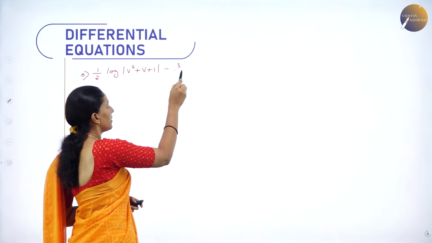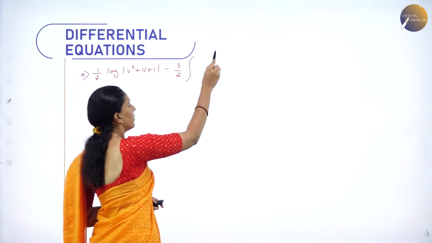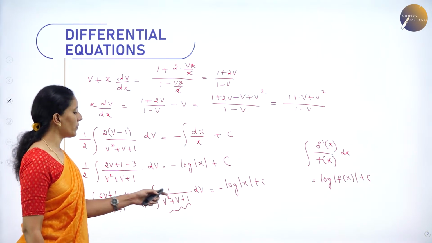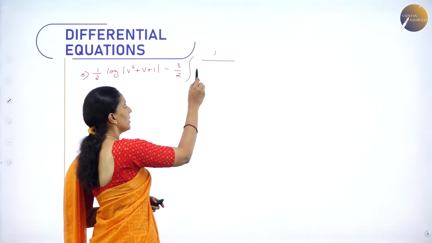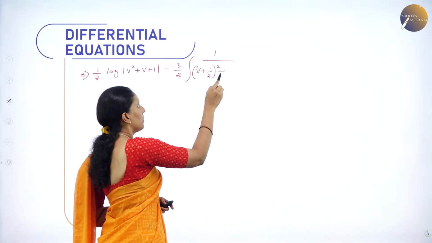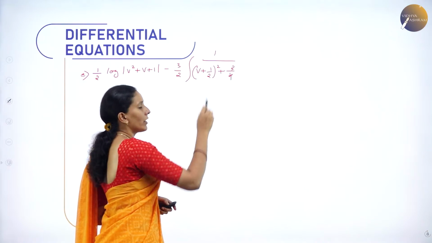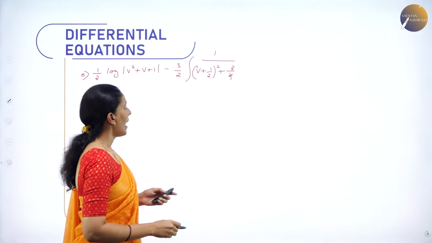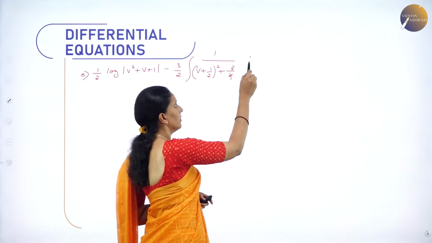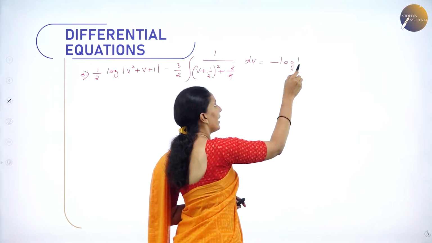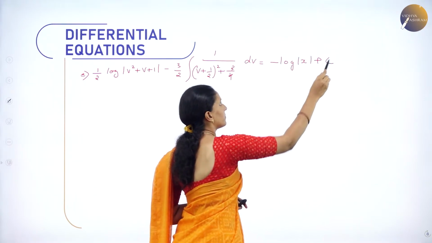So minus 3 by 2 integral of 1 divided by, using the completing square method, I can write v square plus v plus 1 as v plus 1 by 2 whole square plus 3 by 4, or 3 by 4 can also be written as root 3 by 2 whole square, and here we have dv. And on the right hand side we have log x plus c.